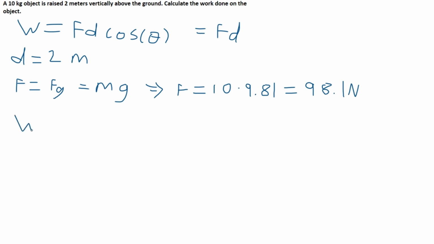So then the work done on the object is just equal to 98.1 newtons multiplied by the 2 meters that the force was applied on. And this is equal to 196.2 joules.